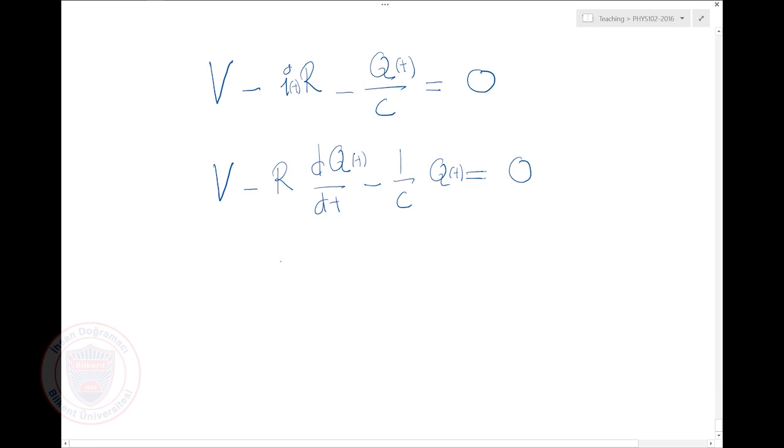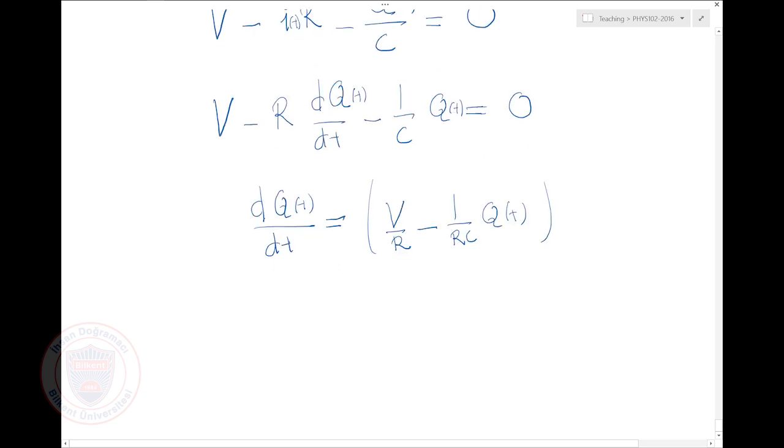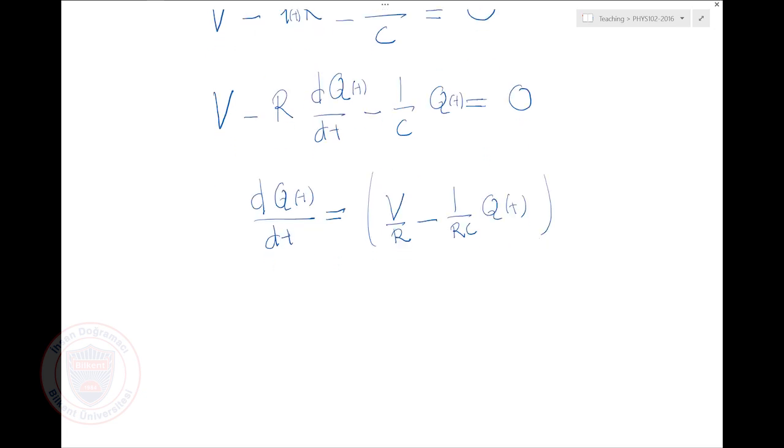Let me write it as follows. dq of t dt is what? V over R minus 1 over RC Q of t. Right?